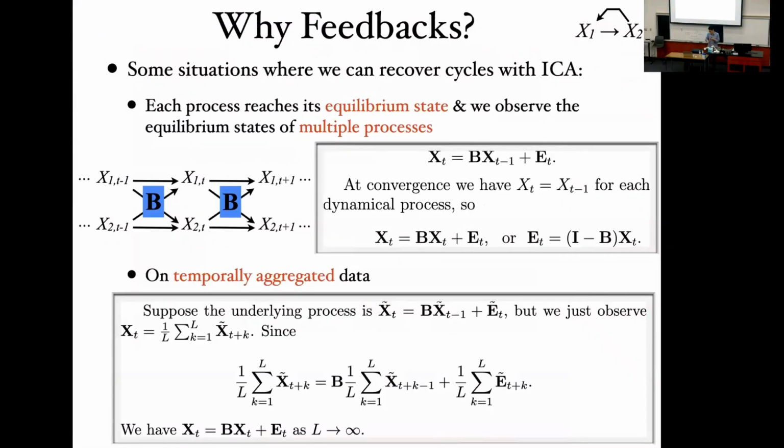I just had another discussion. So here, in the first case, we assume the system is stable. That's why we have the second equation. If the system is not stable, you don't even have that equation, right? By that equation, I mean x_t equals B times x_t plus noise, right?